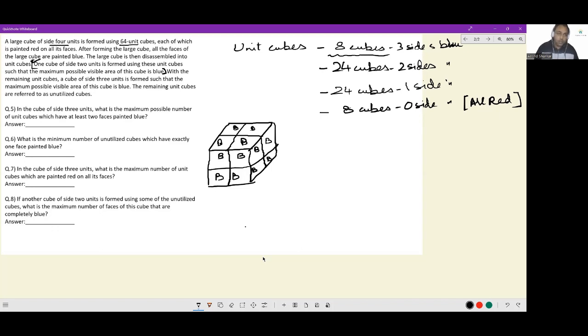With the remaining unit cubes, a cube of side 3 units is formed such that the maximum possible visible area of the cube is blue.